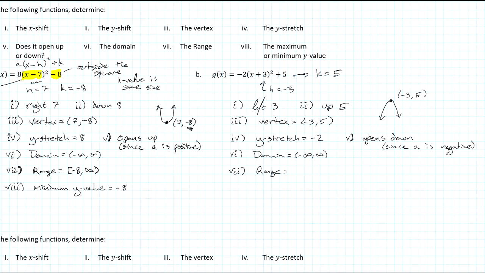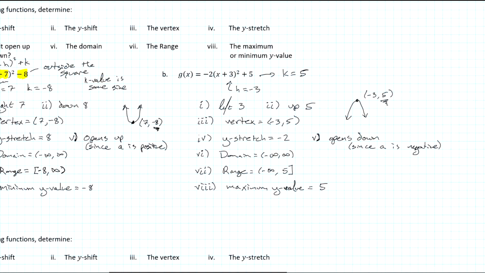So the range is everything up to positive 5, from negative infinity up to positive 5, and we can include that 5 value. So this has a maximum y value. It does not have a minimum because it keeps going down forever. Maximum y value equals 5.